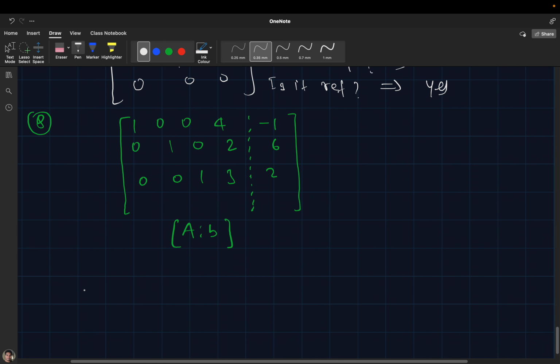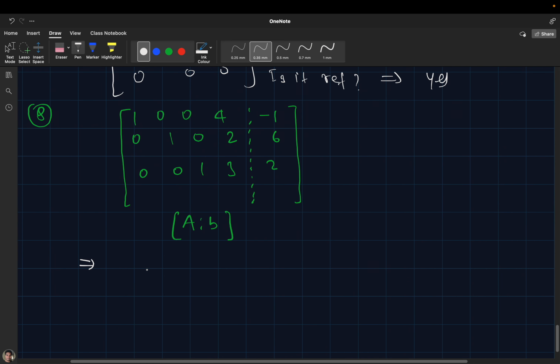So now I want to write it as a system of equations. What can I write in the form of a system of equations?